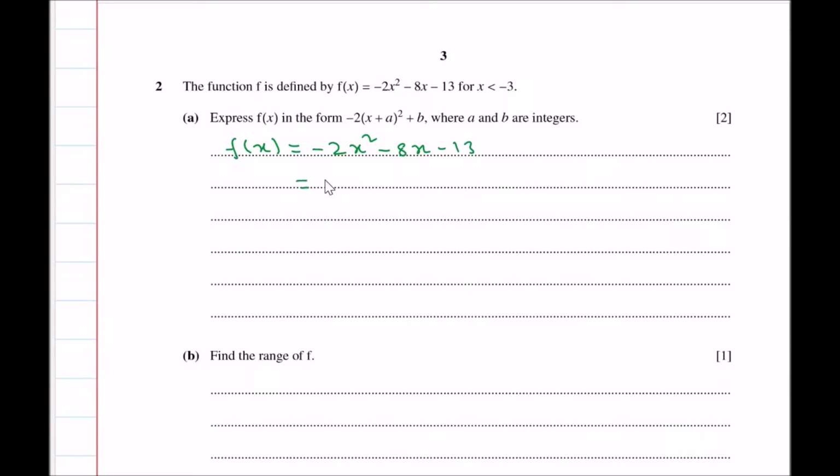Now first we'll take minus 2 as the common factor and write all the terms dividing by minus 2. So we get x square plus 4x plus 13 by 2.